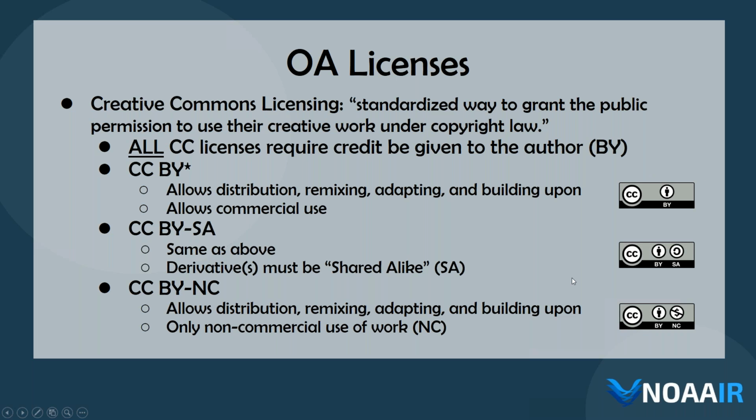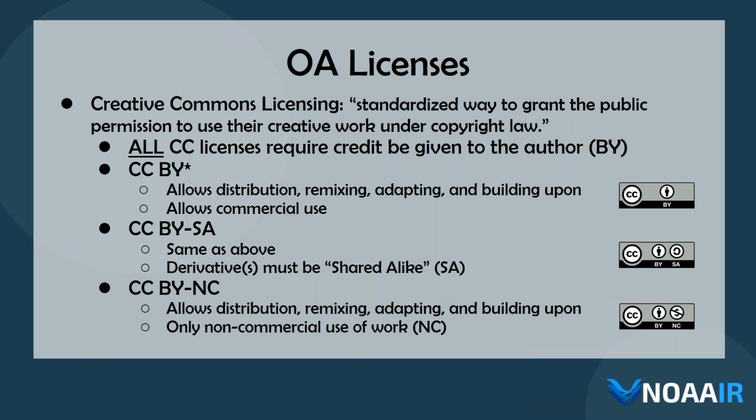So the first type of license and the most open and most accessible is the CC BY, which means you have to give credit to the author, but it allows distribution, remixing, adapting, building upon. There's commercial use available for these items. CC BY is sort of the biggest and most open of all of the licenses.